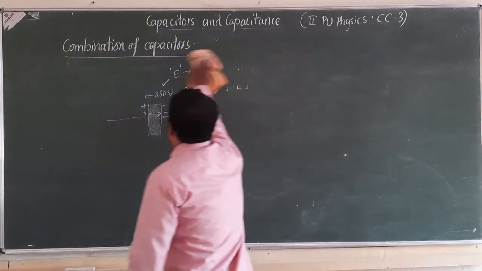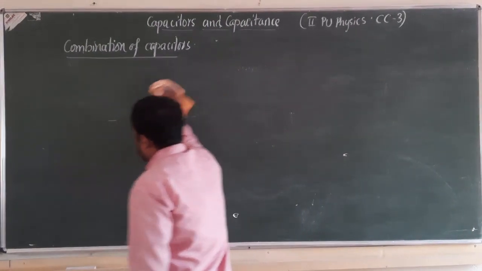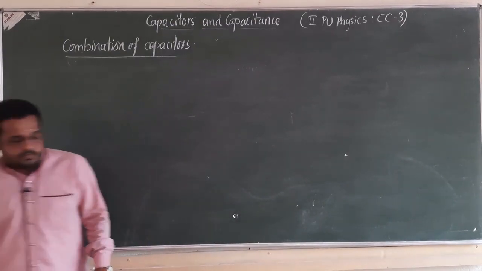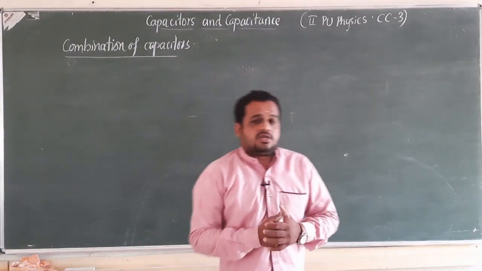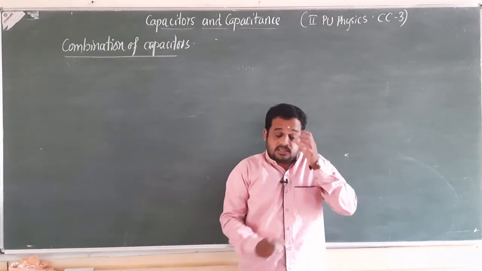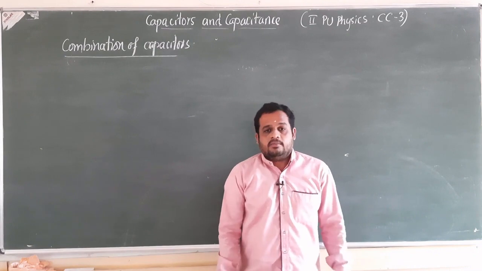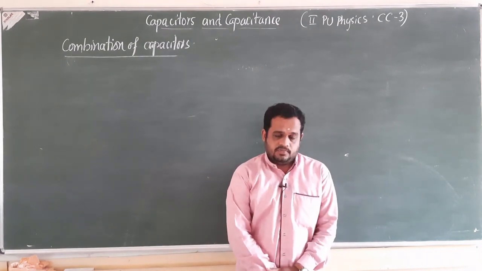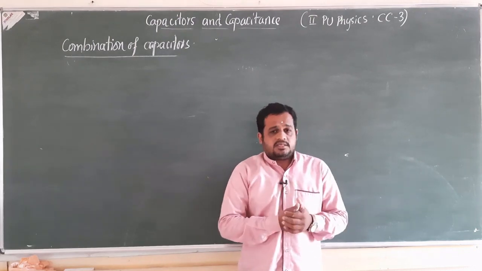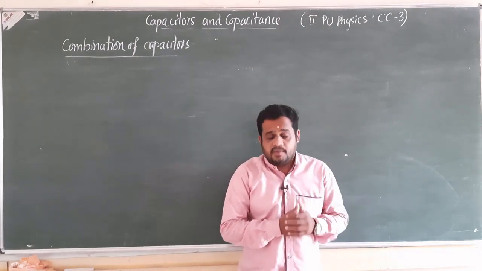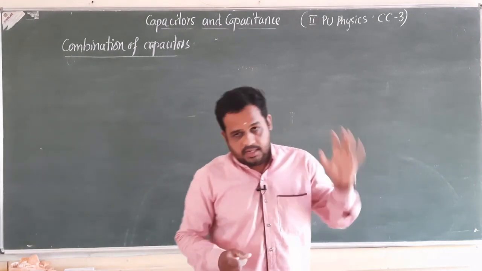Next concept is combination of capacitors. Capacitor manufacturing companies manufacture only standard values of capacitors. Few values of capacitances are called standard values, and only those values will be manufactured by the companies.